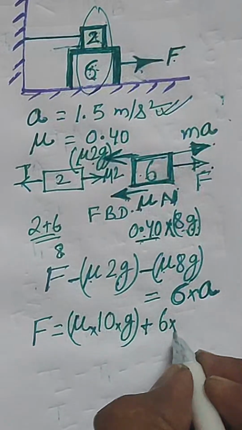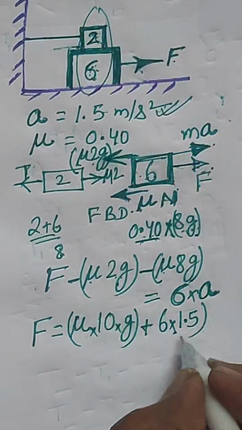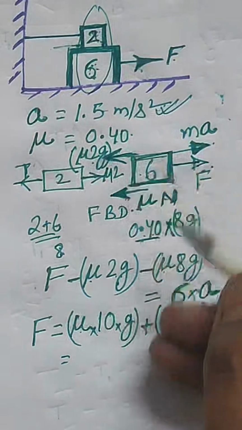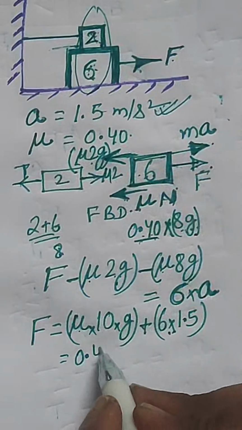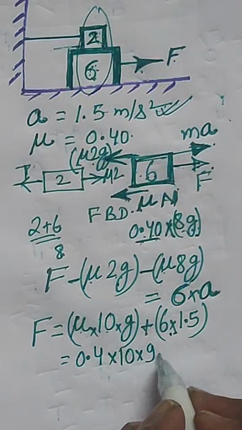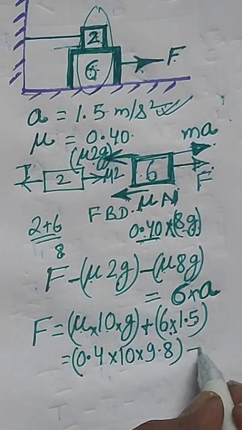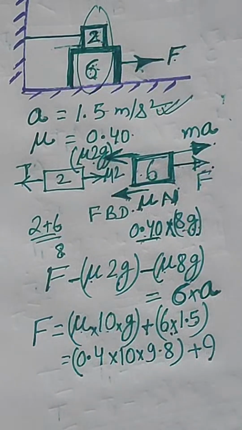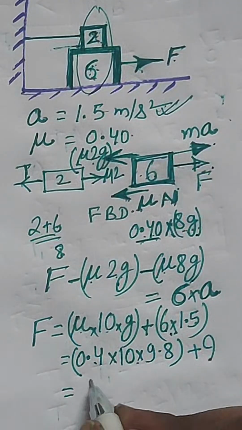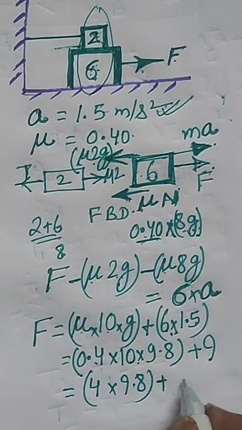So 6 into a, put the value of a as 1.5. Put the value of mu as 0.4, into 10 into 9.8, plus 1.5 into 6, which is nothing but 9. Then just solve it. 10 into 0.4 is 4. So 4 into 9.8 plus 9.